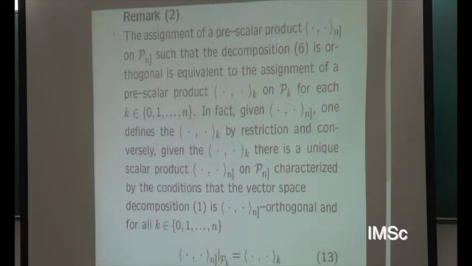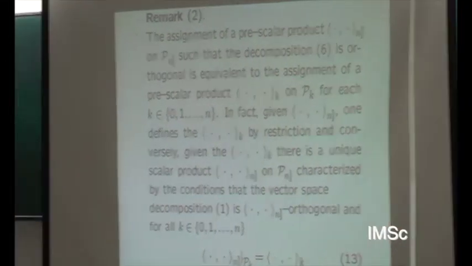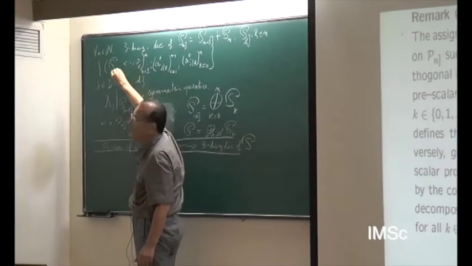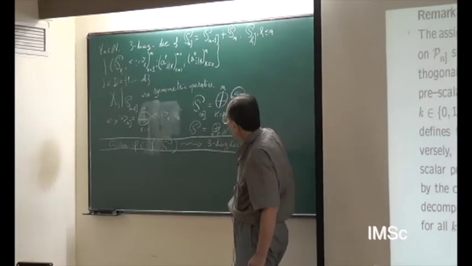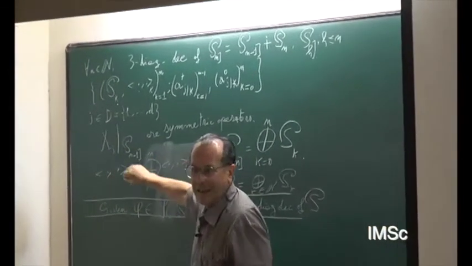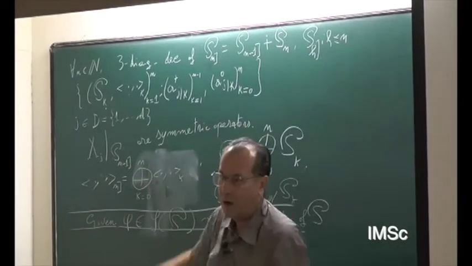And then this is what I said before with this identity. To give n separate scalar products on each factor of this decomposition is equivalent to giving a single scalar product, which is the orthogonal sum of the single-degree polynomial ones.